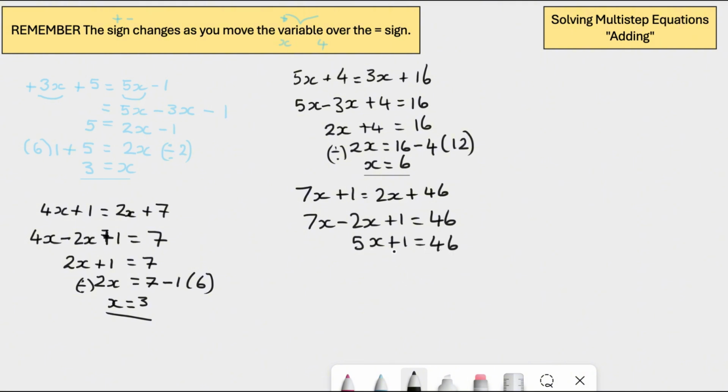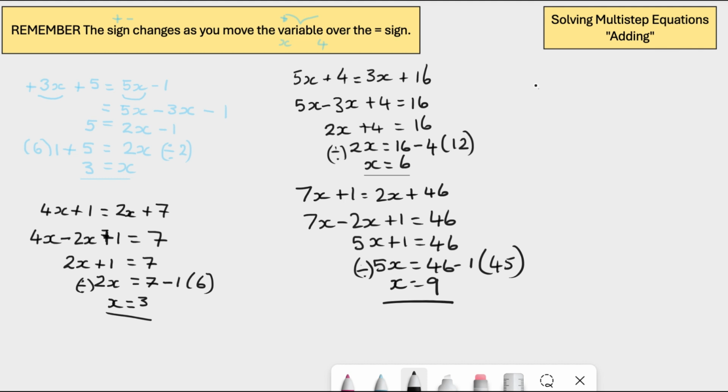And then let's get the numbers over. So that's going to be 5x equals 46 subtract 1, because that's gone over, which gives us 45. And divide 5 into 45 leaves us our x. So x equals 9. How are we doing? It's pretty good, isn't it?